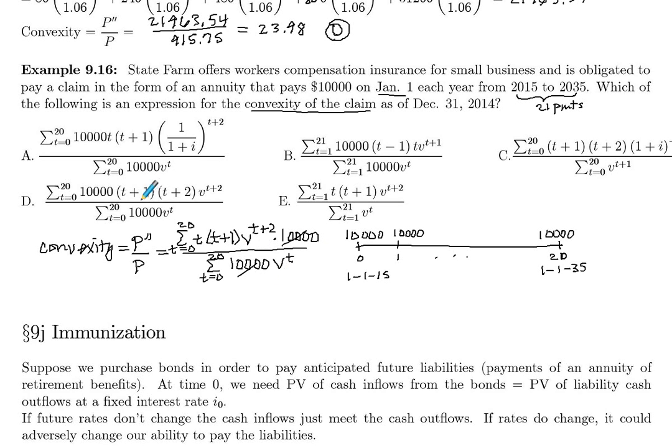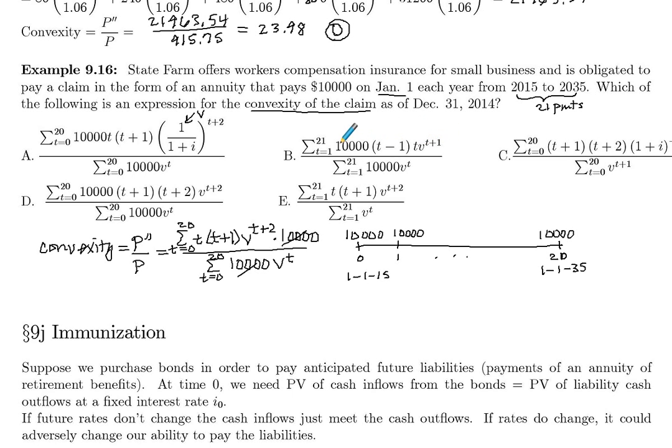So let's take a look at what we've got here. We've got 0 to 20, and I see t plus 1, 1 over 1 plus i. This is actually v, so this is v to the t plus 2. Downstairs 0 to 20, 10,000 v to the t. Okay, that looks good. Here 10,000 t minus 1, t v to the t plus 1.